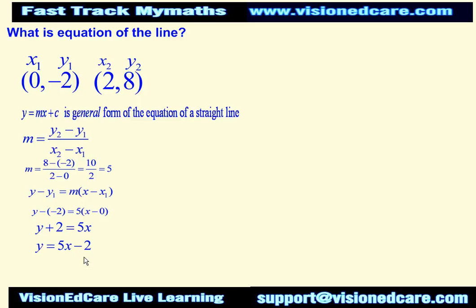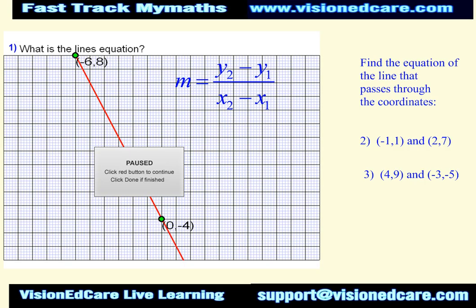Now I'm going to give you some questions to do, and you need to form the equation of the line given the coordinates and also on a grid. Okay, here are 3 questions. You need to find the equation of the line that passes through these coordinates that are given here.